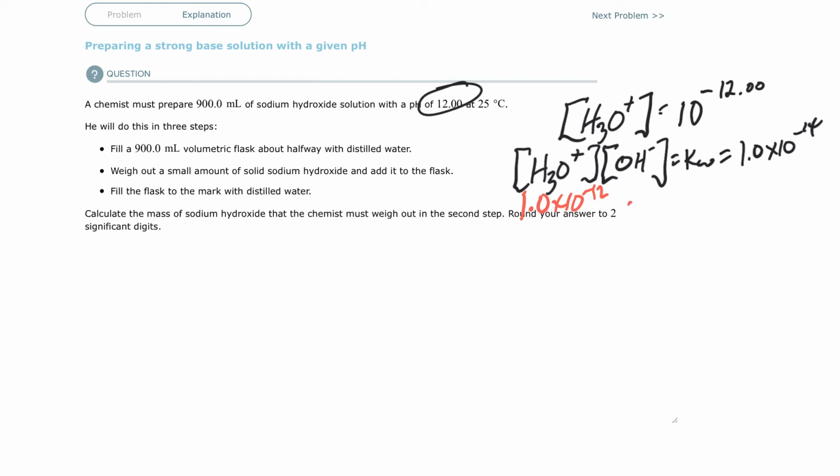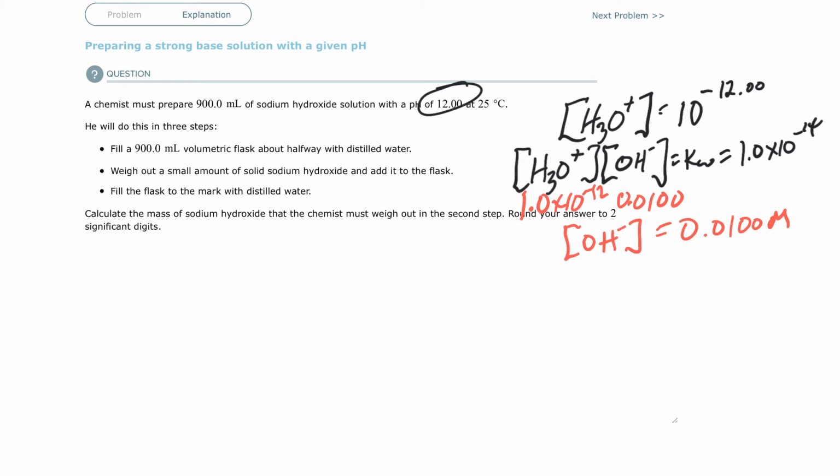My calculator gives me a 1, but let's add a couple more digits and then we'll round at the end. So I know that the concentration of hydroxide equals 0.0100 molar.